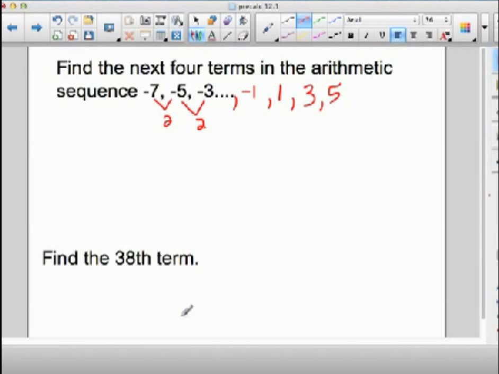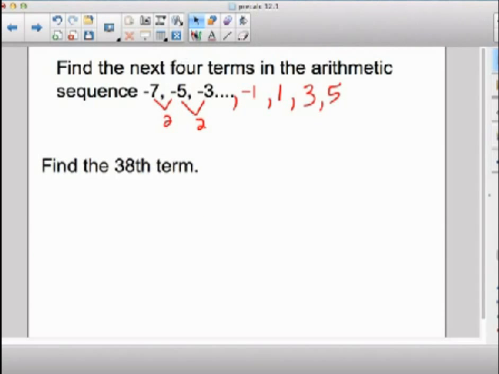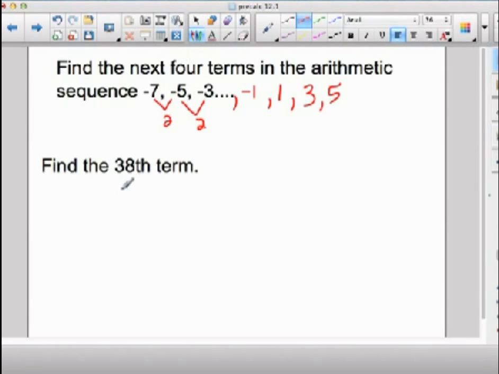Now let's find the 38th term. Well, the way that you do that is you have a formula. a sub n is equal to the first term plus n minus 1 times d.